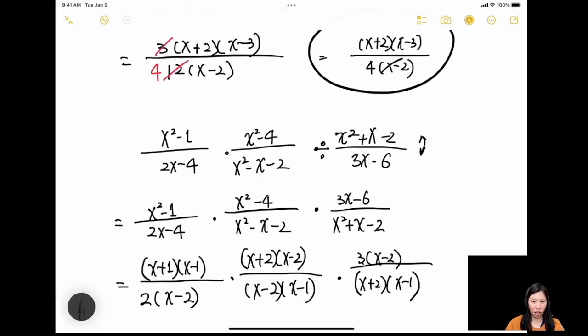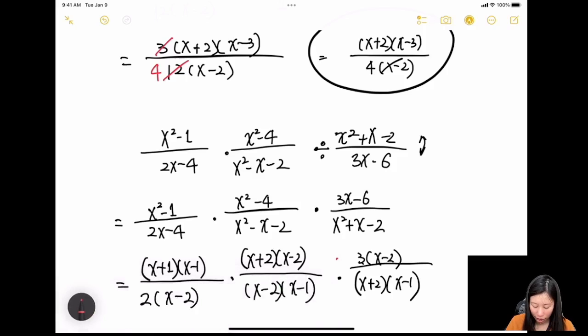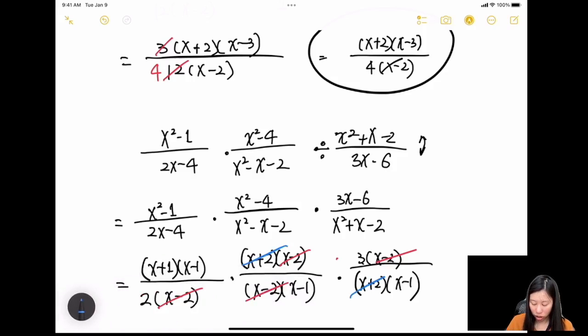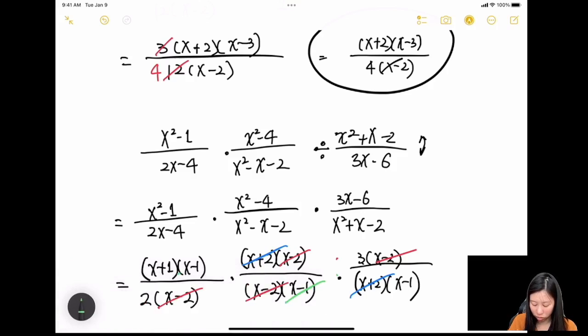Okay, so now let's see what they have in common that we can cross cancel. X minus 2, another x minus 2, x plus 2 in here. Let me use a different color each time. And then we also have x plus 1 and x minus 1.